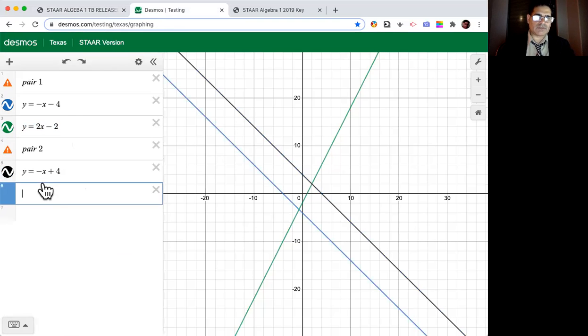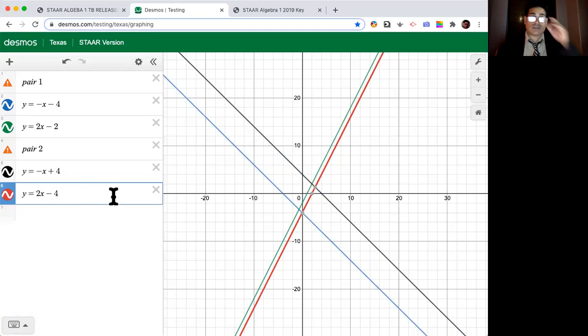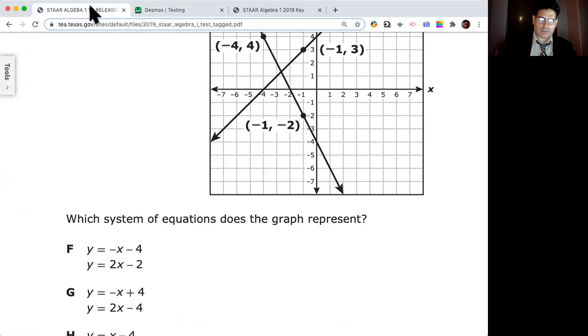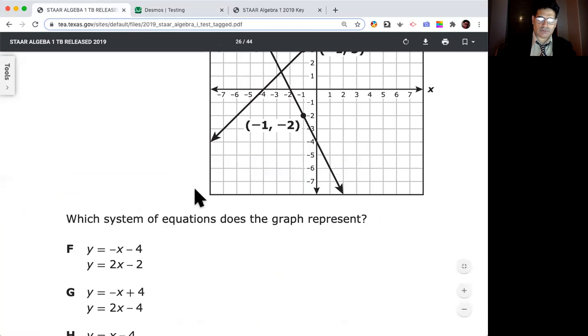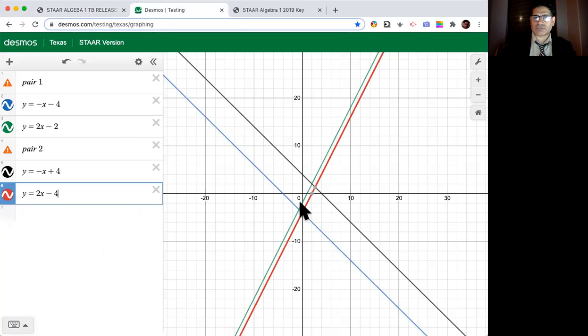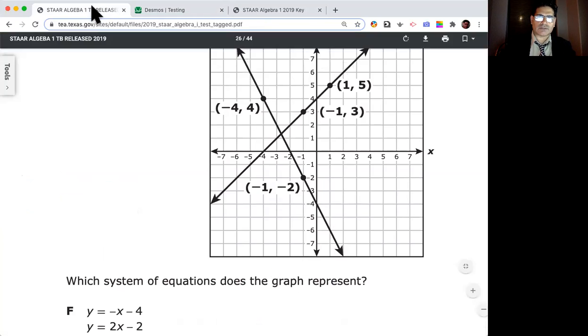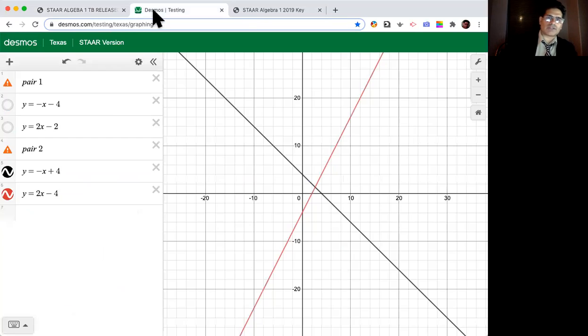Just copy this one. That's pair number 2. My cross is in this quadrant, and it's not in that quadrant. Let me turn these off. My cross is in this quadrant, and it's not matching. I'm looking for something in this quadrant.